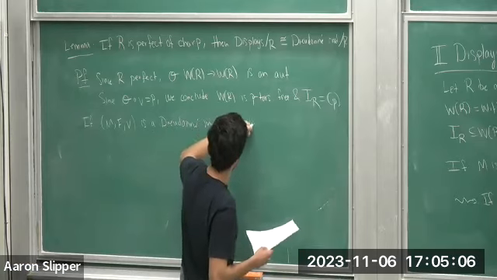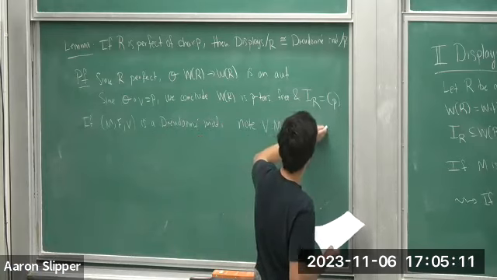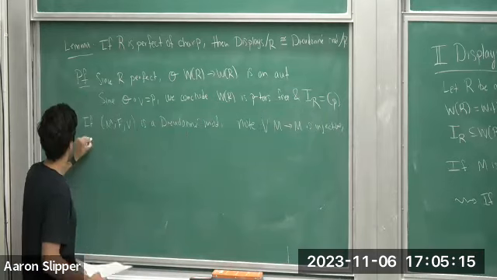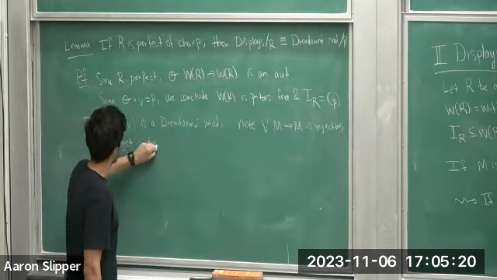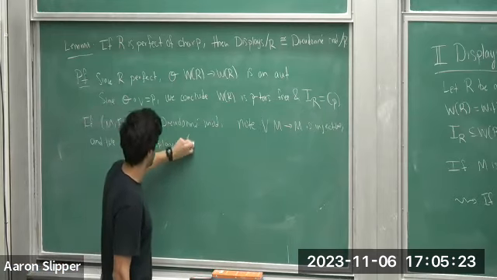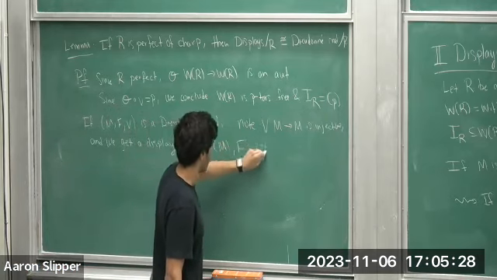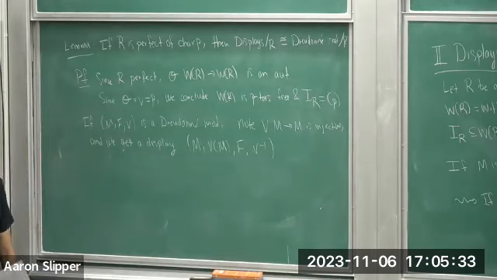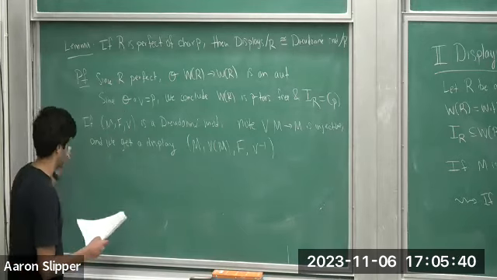Note that F is injective, and we get the display. That is the recipe we gave for going from Dieudonné modules to displays. And the other direction is to start with the display and produce a Dieudonné module.